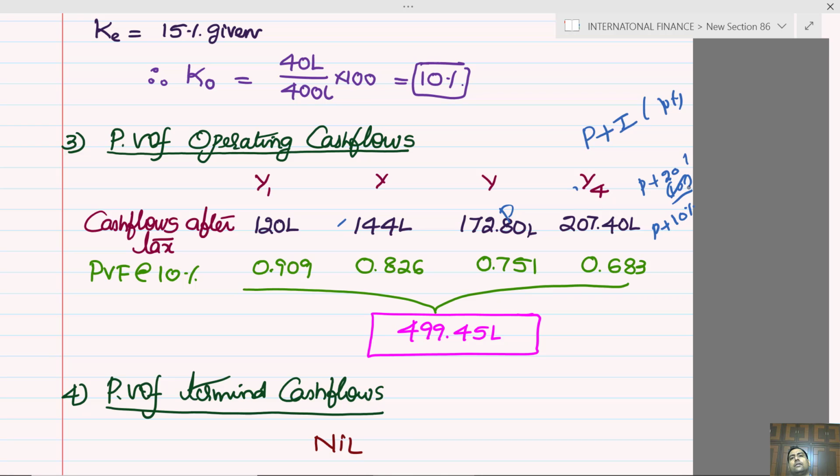At the end of the day, you are left with your principal plus 10% interest. So this 499.45 lakhs consists of two values: your principal along with some return from the project. I got 20%, I am paying 10%, I am left with 10%. That 10% plus principal is equal to 499.45 lakhs. Out of this 499.45 lakhs, I must repay the principal amount.